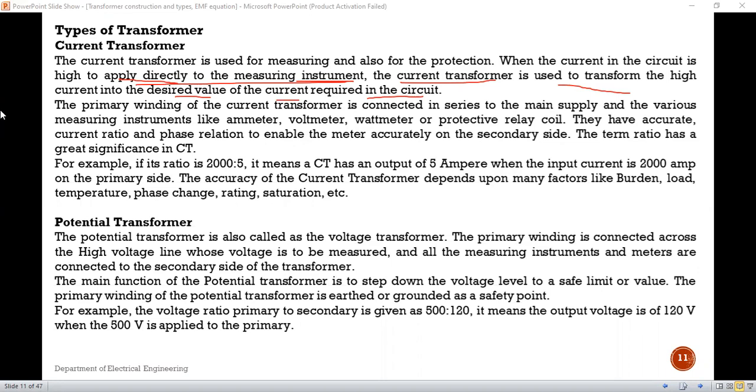The instrument च्या required value ला आपण काय करतोय, value add. So this is the current transformer, which is used as a measuring instrument, and also it can be used for a protection purpose. The primary winding of the current transformer is connected in series with the main supply.